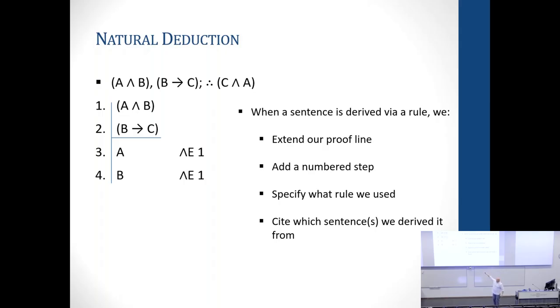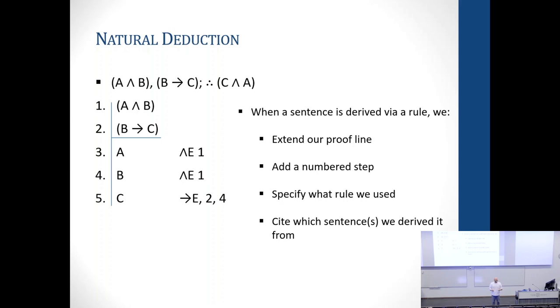If we have B conditional C and we have derived B, that is, if we know the conditional is true and we know the antecedent of the conditional is true, we can conclude the consequent of the conditional is true. So we can get C.